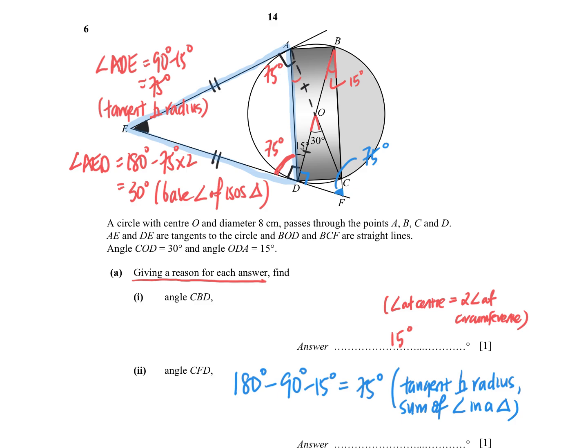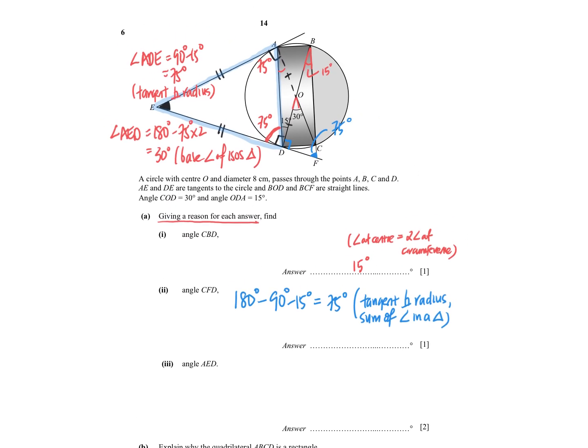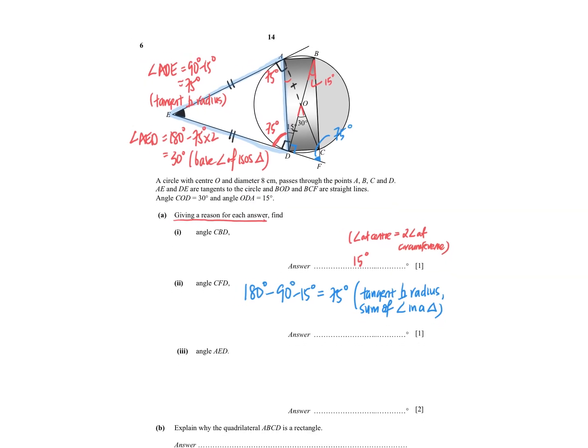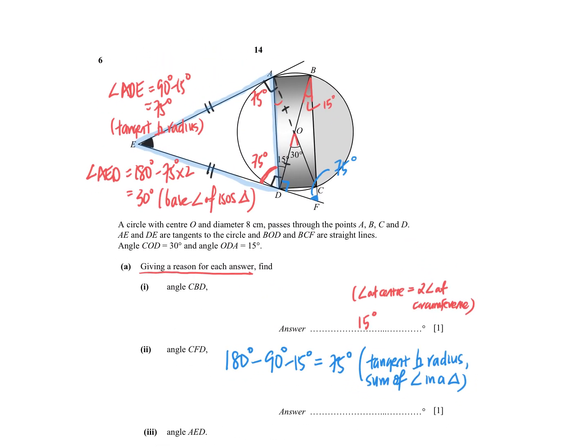Why is quadrilateral ABCD a rectangle? They want you to explain why it's a rectangle. What do you think we can do? You need to prove that it's parallel and you prove that you got 90 degrees. So first thing first, both are 15.